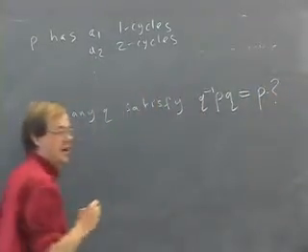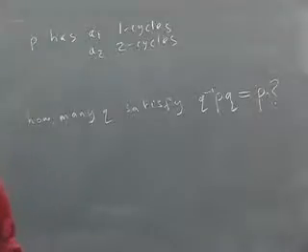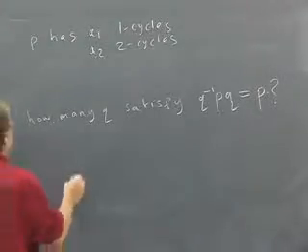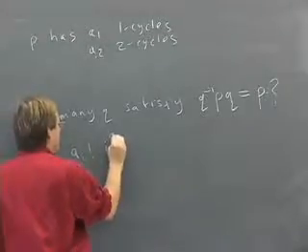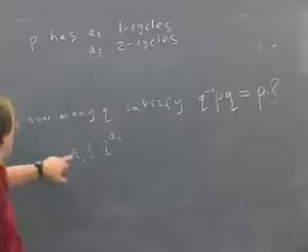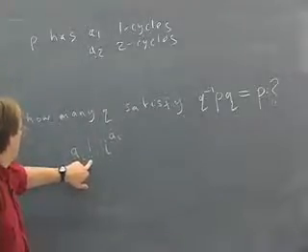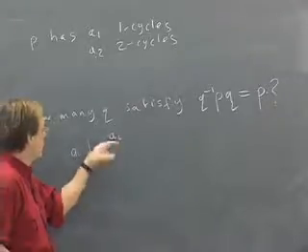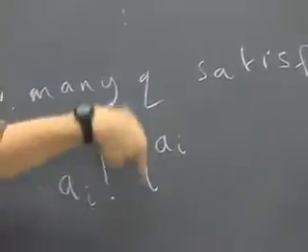Well, can anybody tell me what the answer is going to be? The product of A_i factorial. That's right. So the number of ways of matching up all the i cycles is A_i factorial, and for each such matching, I can actually match the individual cycles each in i ways.